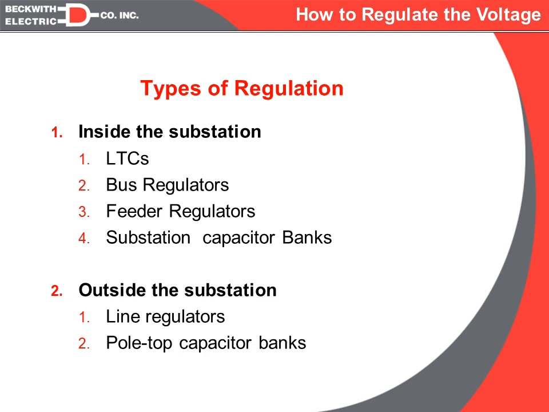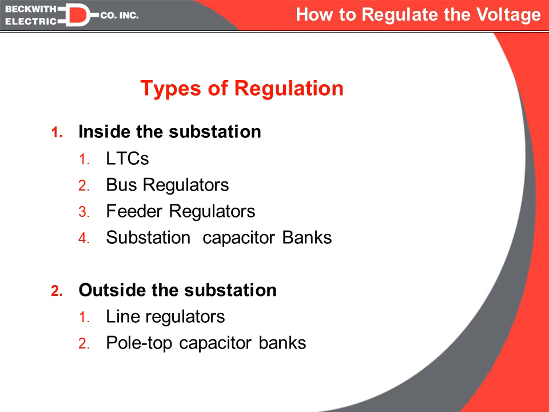We can also vary the voltage inside the fence using substation capacitor banks, although substation capacitor banks are typically there to cancel out the VARs required for the distribution transformers within the substation to make it VAR neutral to the transmission system.